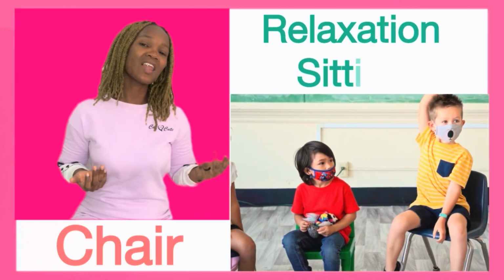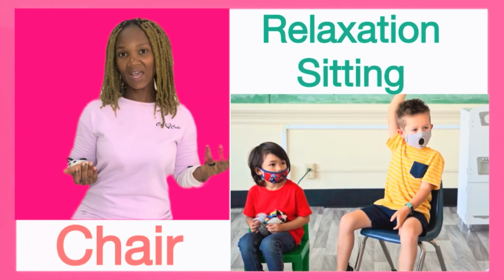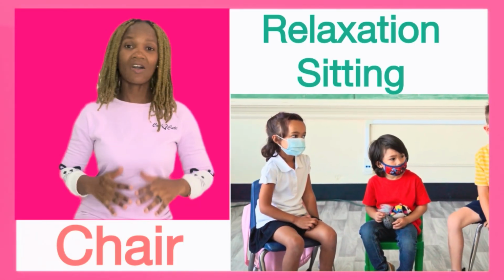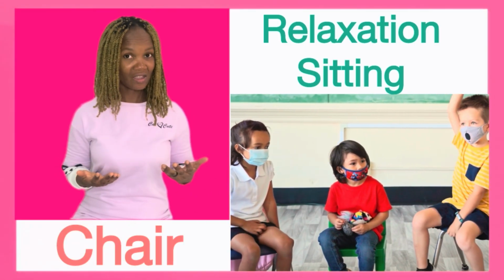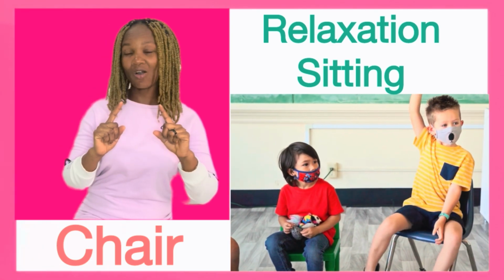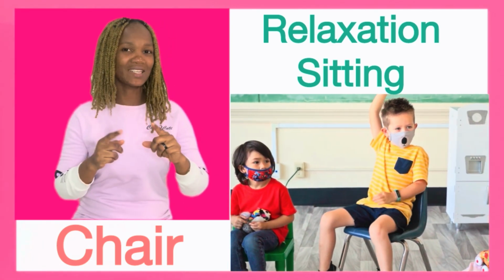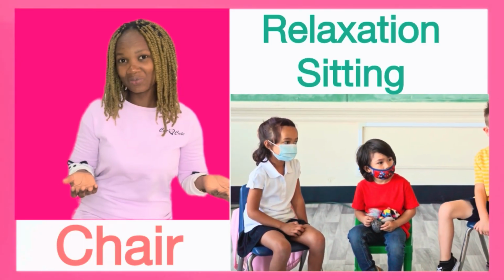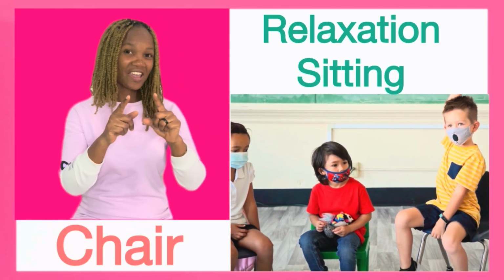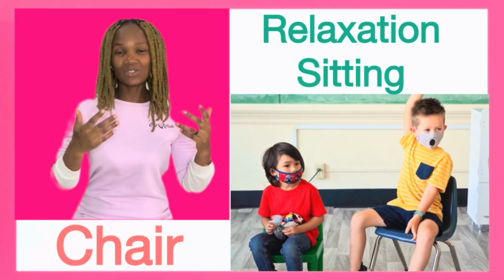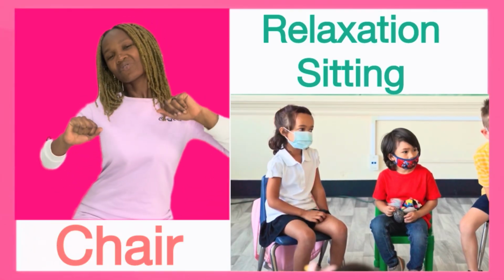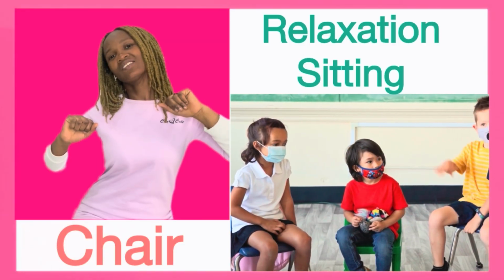When you are in the classroom and you want to relax, what do we do? We sit on a chair. Chairs are also used for sitting. Where do you sit when you enter the classroom? You sit on a chair, correct. So chairs are used for sitting and relaxation.